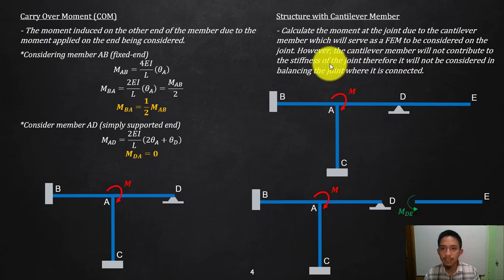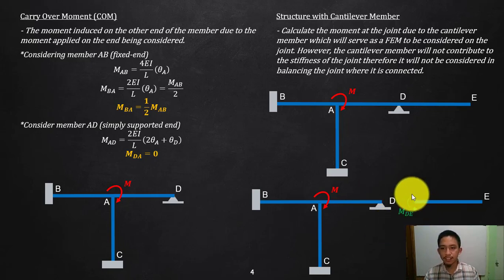But since that member will not contribute to the stiffness, whatever the excess moment at joint D is, it will never receive any of that. In our case, only members AD and DE are connected, but DE is a cantilever, so whatever excess is at joint D will only be carried by member AD. It will not help in balancing the excess at joint D.